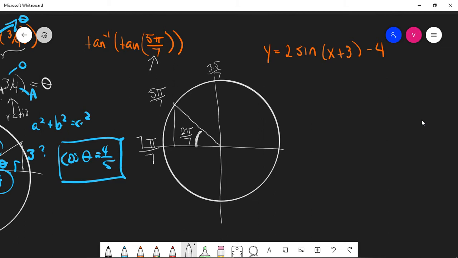That's your reference angle. The tangent here we will never know, but it's right there. Okay, we don't know sevenths, but now we're asking for the tangent inverse of this angle right here, which is actually going to be 5π/7, right?